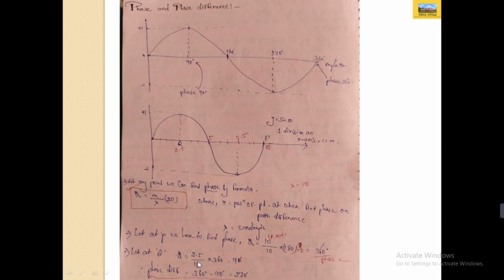So 2.5 divided by 10 into 360, that is 90 degrees. If we are asked for the phase difference between the two, the phase difference of point P and point Q, then in this case 360 degrees minus 90 degrees equals 270 degrees. It is one of the important formulas that can come in future questions. You have to remember this.